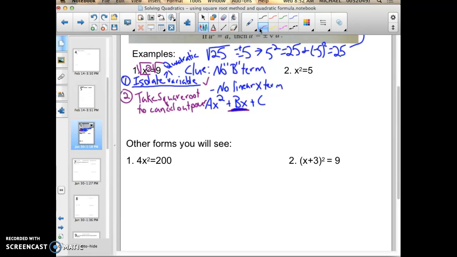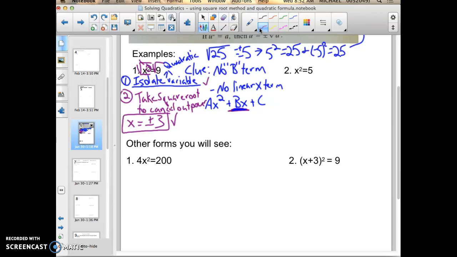If I take the square root of both sides, this radical and that power cancel each other out. So I would be left with x equals, and since 9 is a perfect square, my final answer would be plus or minus 3. And then I'm done. If it is simple like this, then you've reached your final answer. I'm going to show you different forms that you'll see, and it won't be just as simple as that.